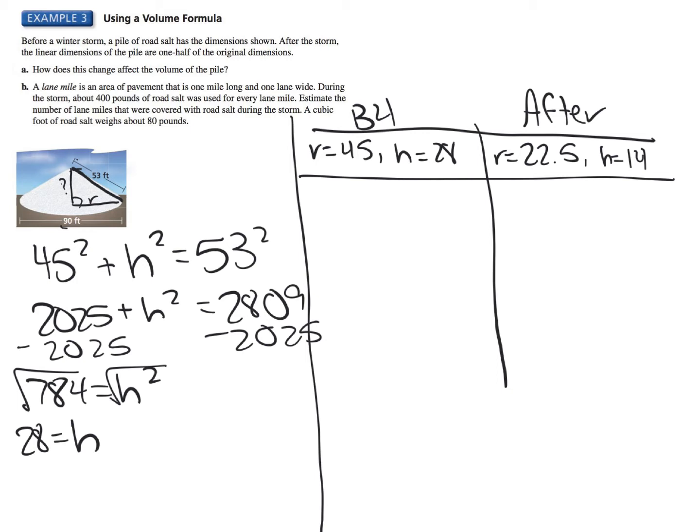So the volume is 1/3 pi r squared times height. 1/3 pi times our radius squared, 45 squared, times 28, which is our height. Leave the pi for last. What I recommend doing in your calculator so you get the best answer is do 45 squared, multiply it by 28, then instead of saying times 1/3, just divide it by 3.